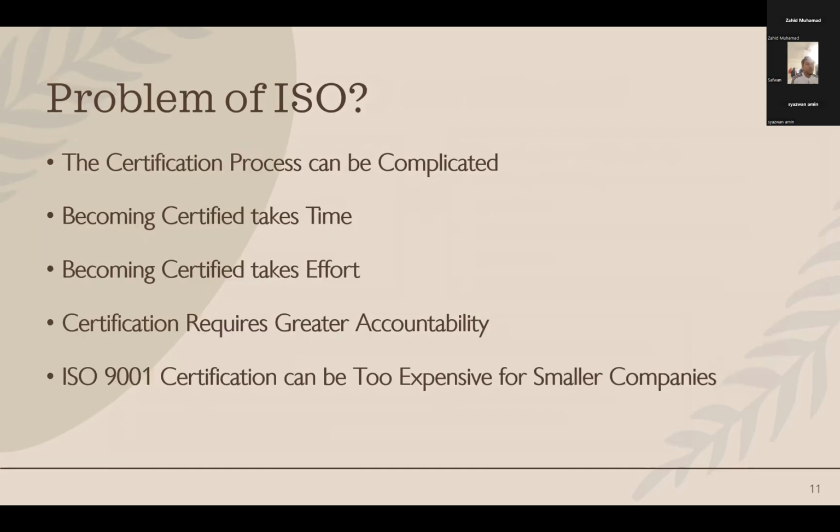So what is the problem of ISO? Of course, there are problems. The first problem is that the certification process can be complicated, because the process has many steps and many things to do.